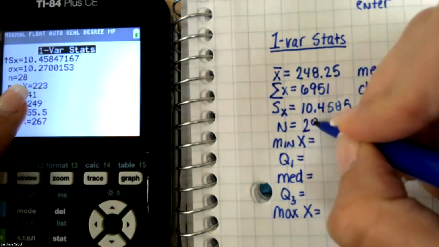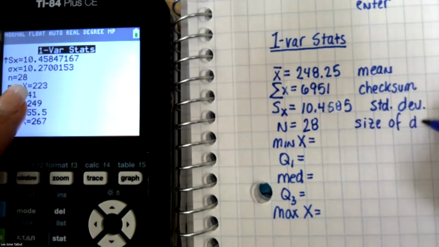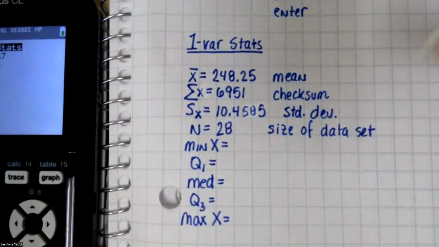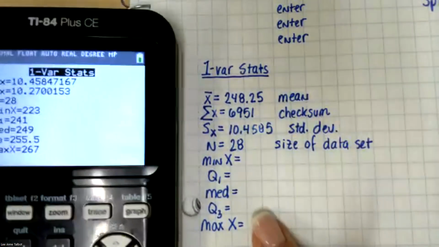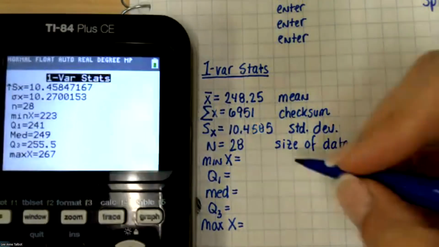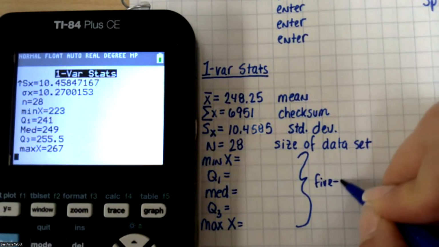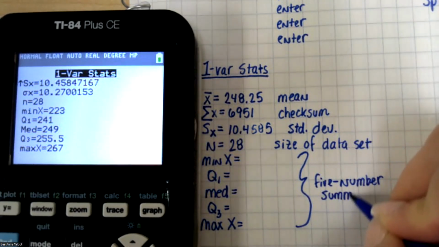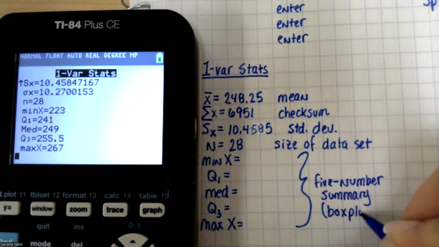So that's 28. Then you will need to scroll down to get the rest of them. This 5 set here is called the 5 number summary. And we use those to make the box plot.